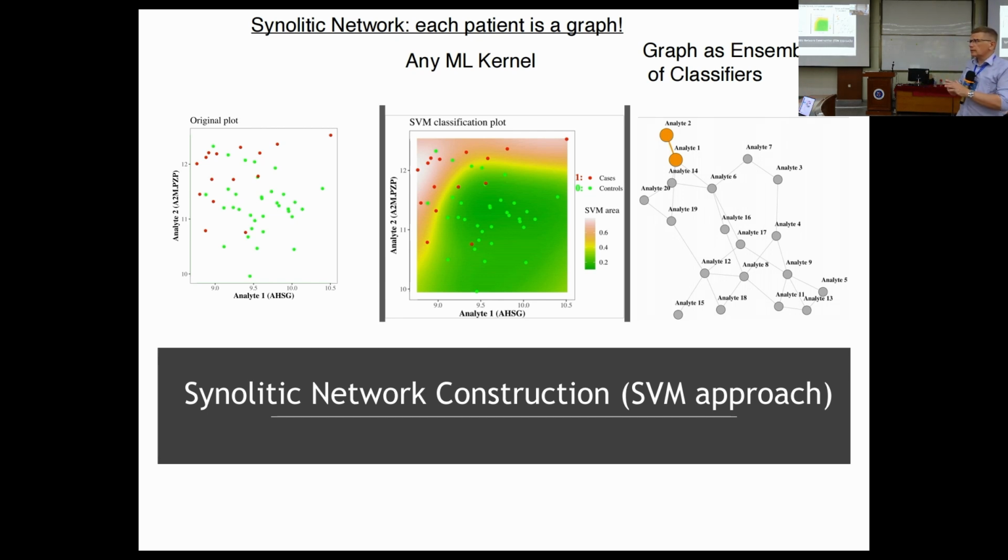So let me explain. Of course, each graph is a matrix. So in fact, after constructing all these pair classifiers, this level of pairwise classifiers, the vector of the patient is embedded in the graph space, which is a matrix.